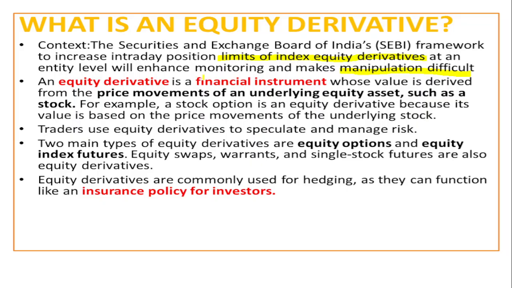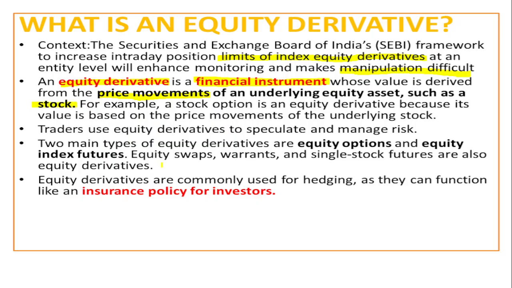It is a financial instrument, very important, that the option can come in prelims, that choose in the following options which are financial instruments. So if equity derivative is given, then it should be considered as a financial instrument whose value is derived from price movements of what, such as stock.